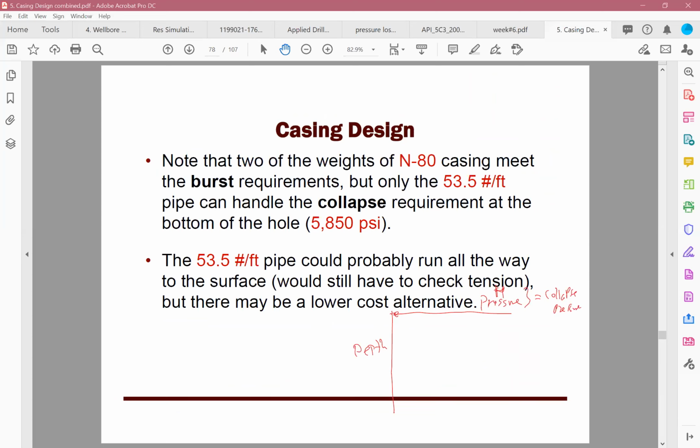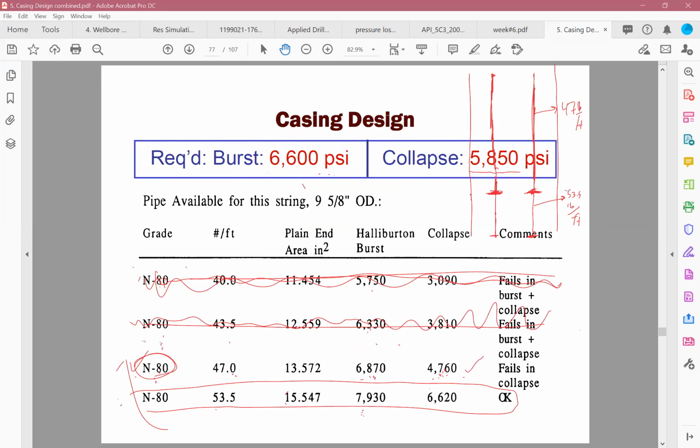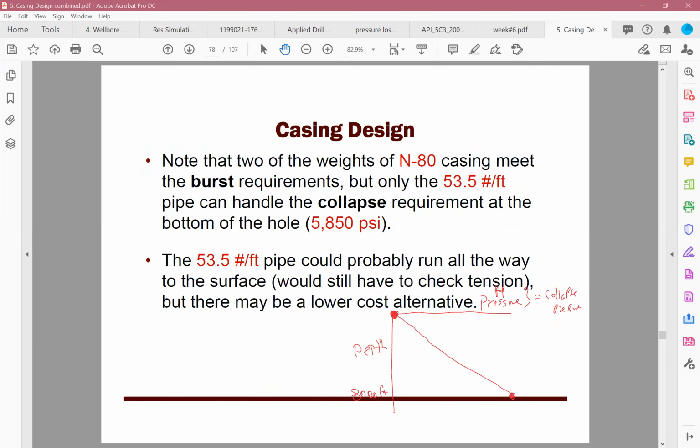At the surface, collapse pressure is 0, no hydrostatic pressure in the annulus, and it increases based on the density of your mud all the way to 8,000 feet. Now, how can I find the depth at which this 4,760 psi can resist the collapse requirement? How can I find that? Any idea?